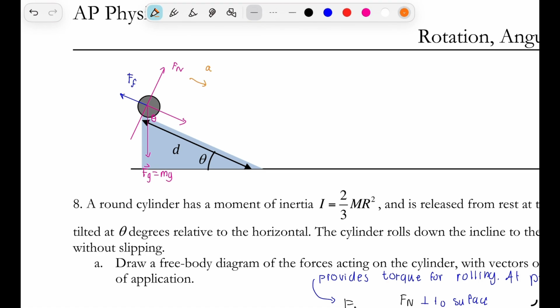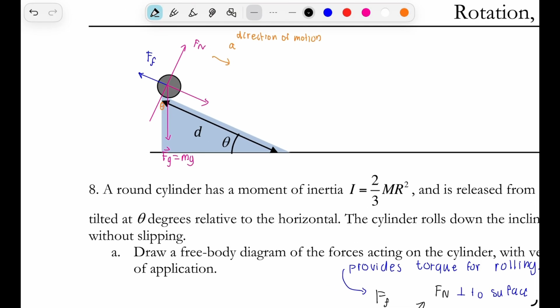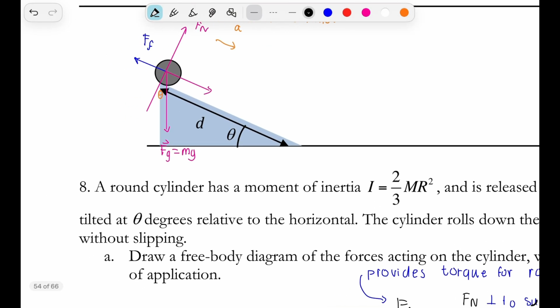Our acceleration, direction of motion, is down the hill. And we know that this is our theta because that is our theta. So this makes this parallel component to the incline equal to mg sine theta.